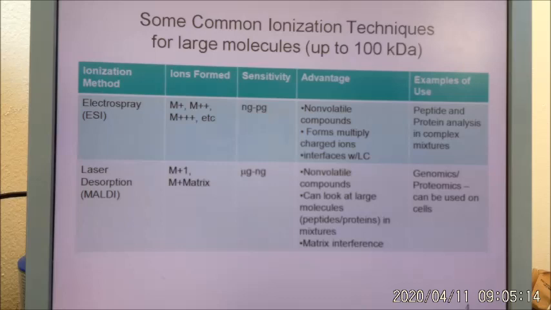But you can also look at large molecules and mixtures. It's also been known to be used on cells. As long as you have your cells, you're looking at tissue, you put it in the matrix and use laser desorption, and it will bounce off. So you can analyze very complex mixtures like cells in order to find out their composition.